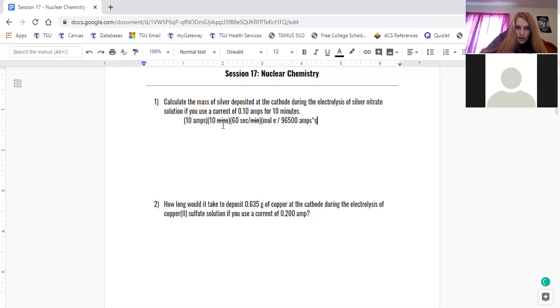Honestly, we can just leave that as an S instead of seconds. That's typically the shorthand for it. So now we've canceled out the amps and seconds on the bottom here, which cancels out our seconds and our amps here.